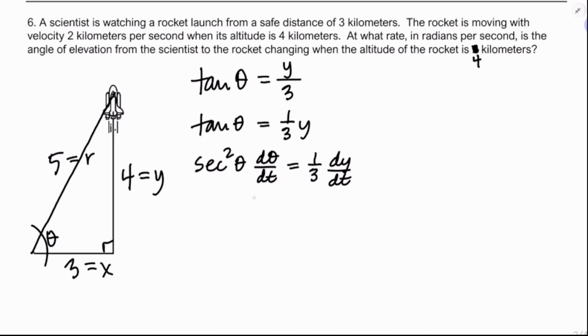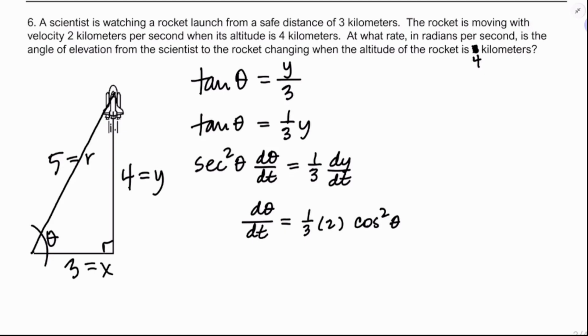So I'll multiply both sides by cosine squared theta to get rid of that secant squared theta, or look at the secant squared theta as 1 over cosine squared theta. Either way, that's 1/3 times dy dt, which is 2, times cosine squared theta. And we know what cosine is. That's going to be 3/5, right?